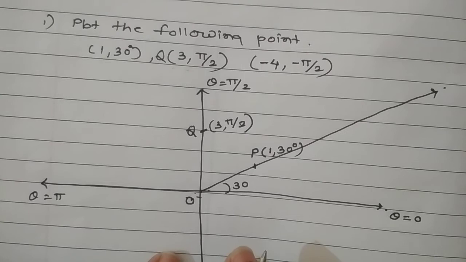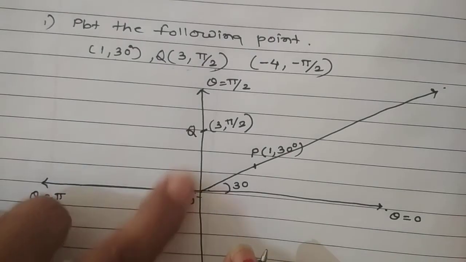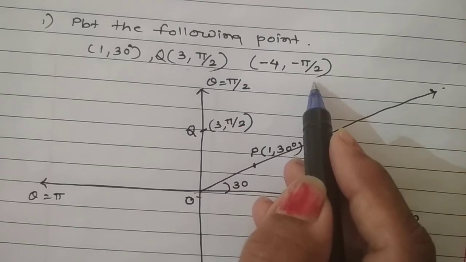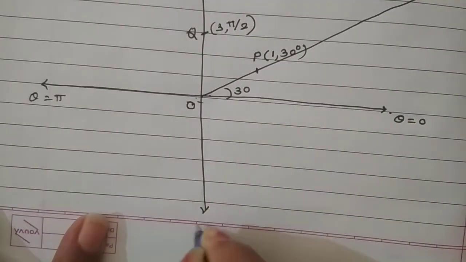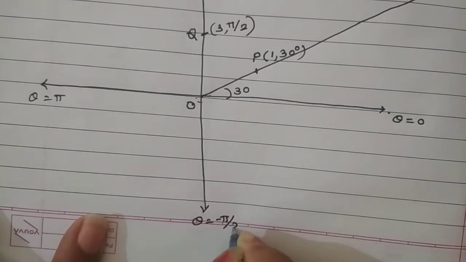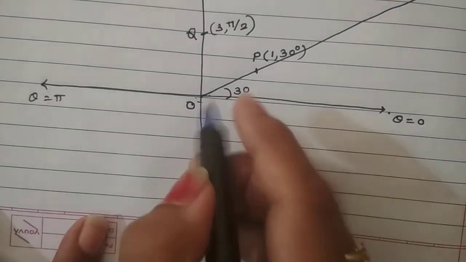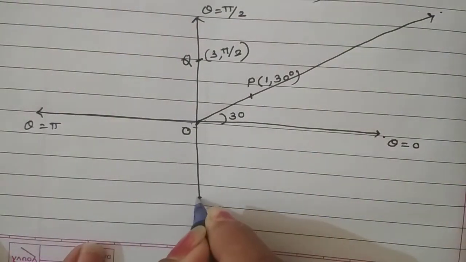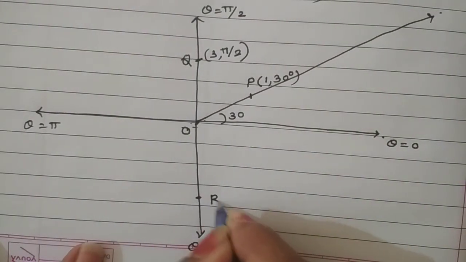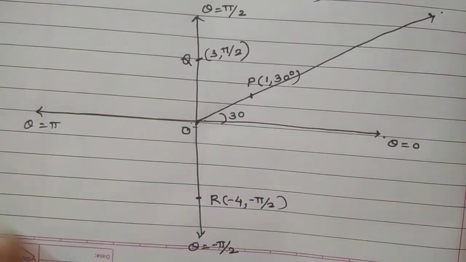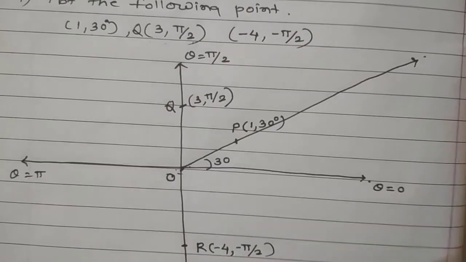Now the next point is (-4, -pi by 2). Minus pi by 2 is this line, theta equal to minus pi by 2, the angle between this line and the initial line. This is the point R, (-4, -pi by 2). In that way, we plot points in the polar system.